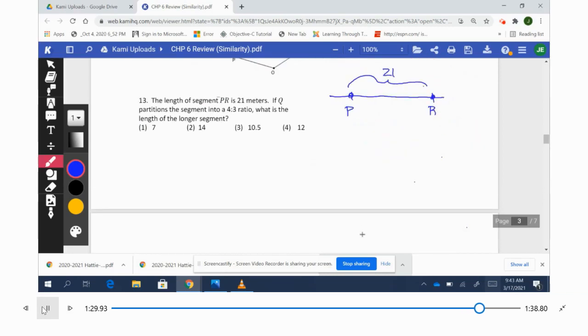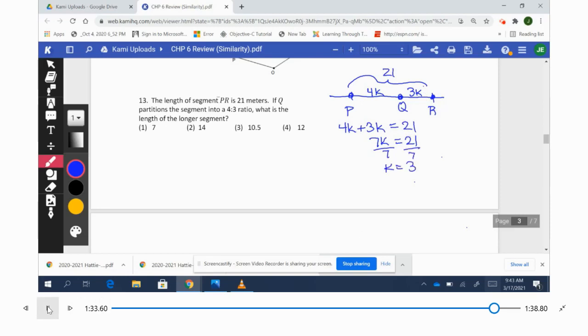Okay, this is a partition a segment question. So the full segment, P to R, is 21 meters. So Q is placed somewhere so that the segments split up into a 4:3 ratio. So I'm going to use scale factor for this. So 4K and 3K. 4K plus 3K is 21.